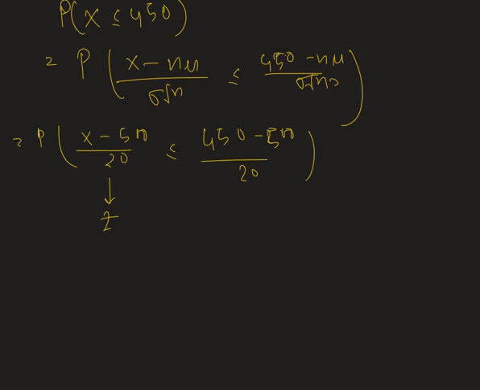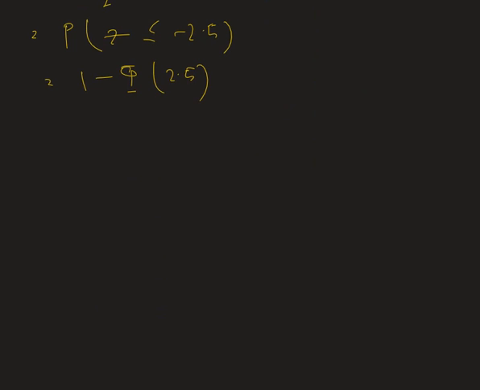This is a standard normal variate, conventionally denoted as Z, and on the right side we get minus 2.5. So we can write it as 1 minus capital Phi of 2.5, where Phi is the CDF of the standard normal variable, and using the normal table we get the answer as 0.006. So this is the answer to our problem.